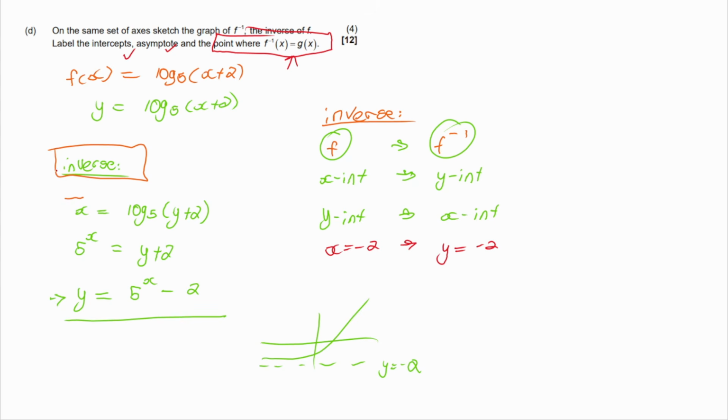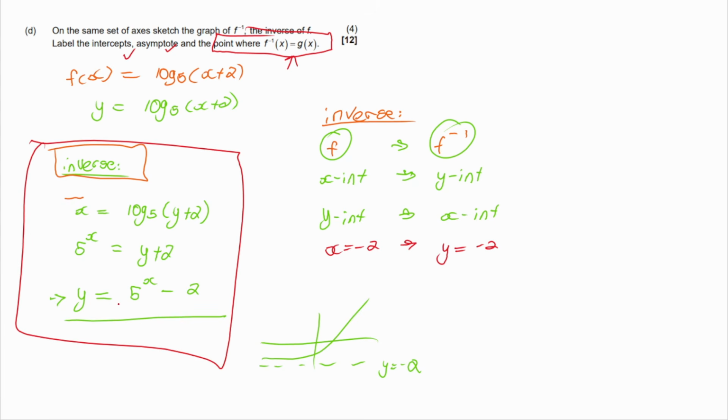What I will say is that doing this step is helpful to know the general shape of the inverse, instead of memorizing that the inverse of a log function is an exponential function. This, I will admit, is quite a helpful step. But remember, you can just flip the coordinates.